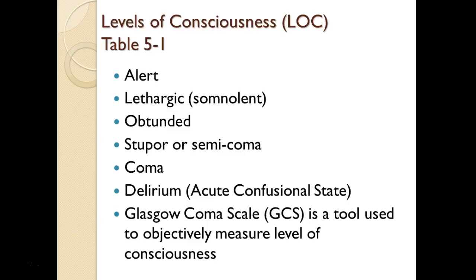Okay, levels of consciousness. This is really important. You're going to use this over and over and over on all your patients. We usually assess the level of consciousness, and so I would recommend that you maybe make flashcards or just really understand these 5, 1, 2, 3, 4, 5 alert through coma levels of consciousness, and then also that you understand what delirium is.